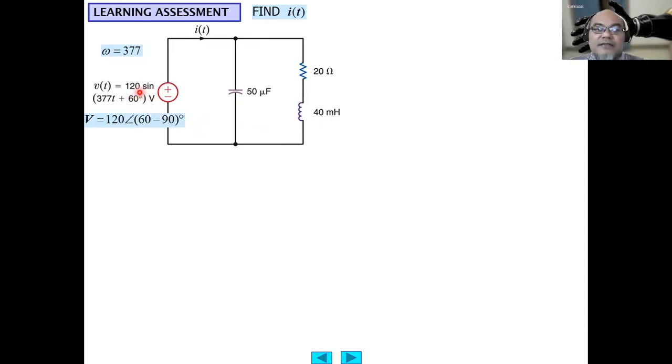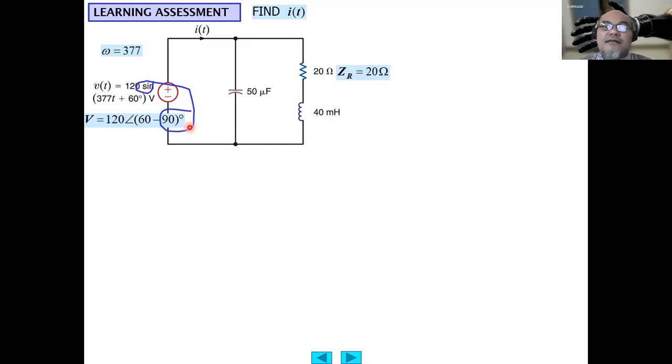In order to re-express it in cosine, you have to add a phase angle of minus 90 degrees, because a sine function is basically a cosine function that lags by 90 degrees. So the phase angle will be 60 minus 90 degrees, or minus 30 degrees.